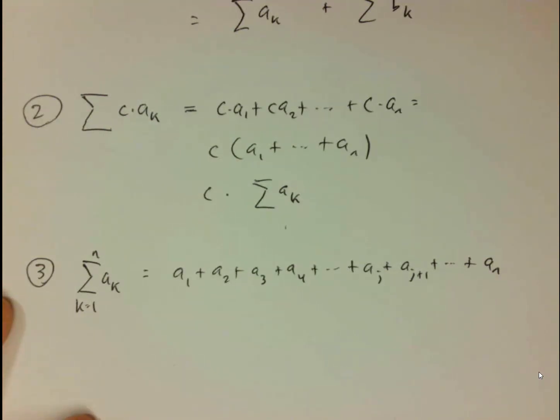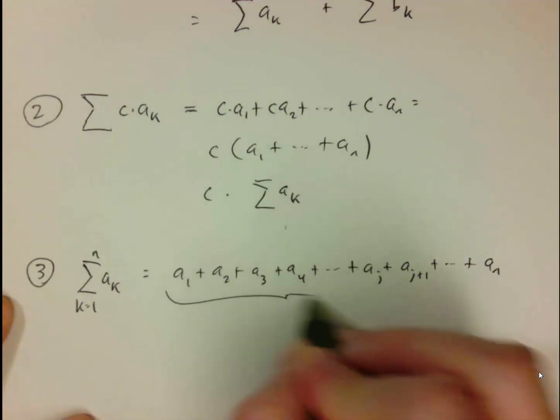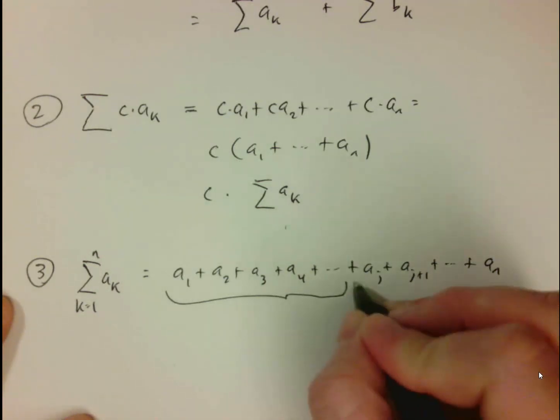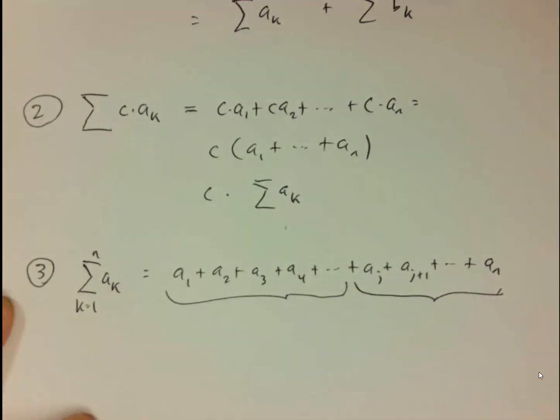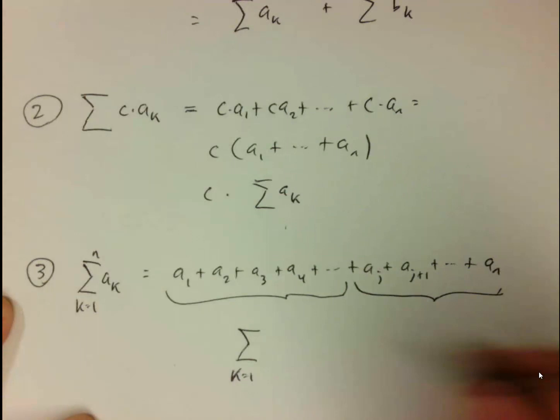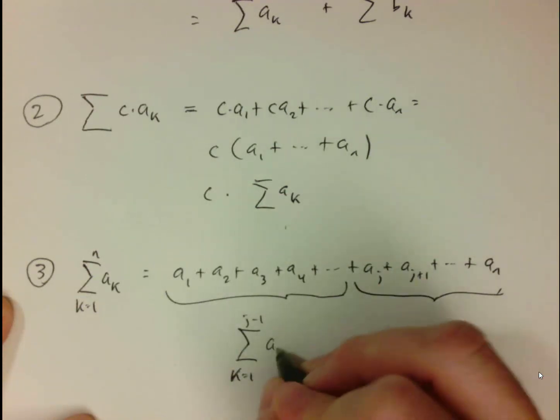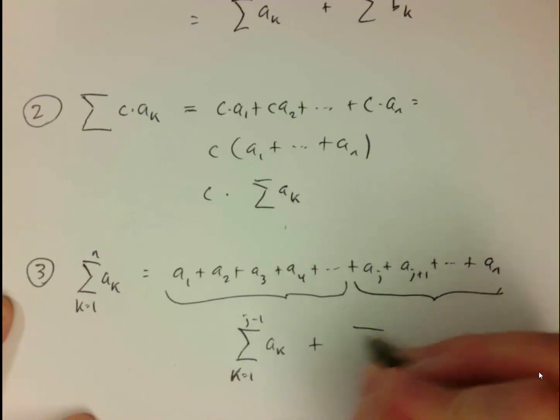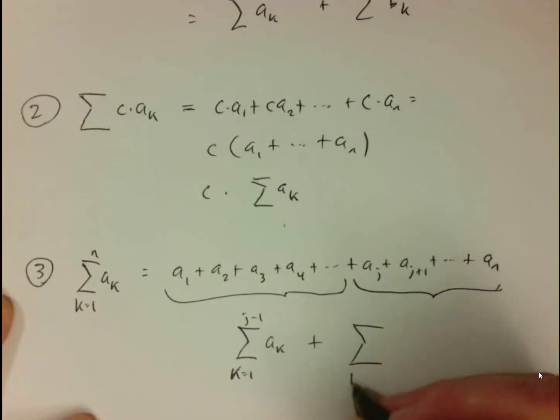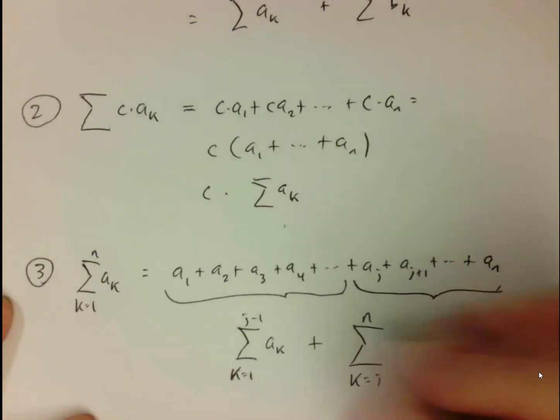The property I'm about to tell you is that you can rewrite one long summation as two shorter summations. Actually, let's do this. So this would be the summation where k goes from 1 to j minus 1. And then this would be the summation where we go from k equals j to n.